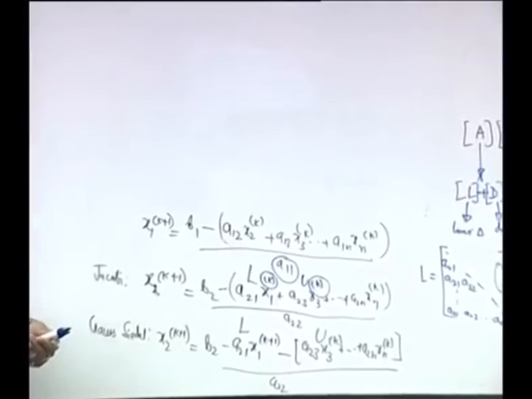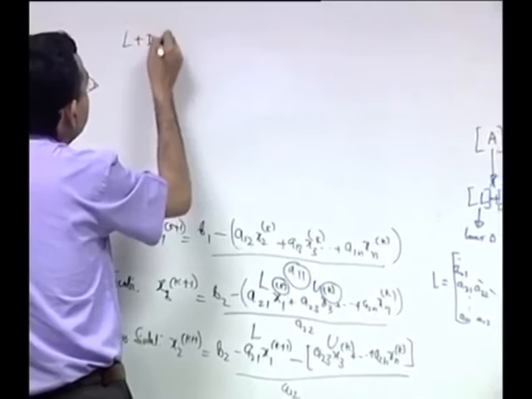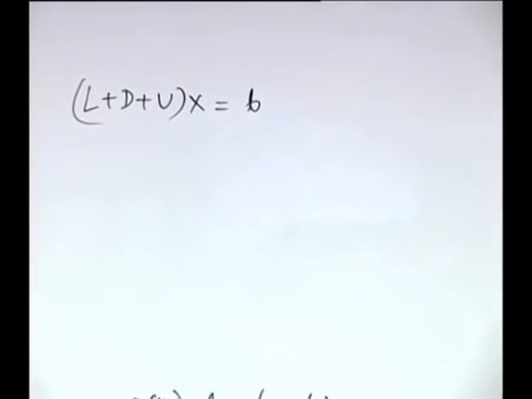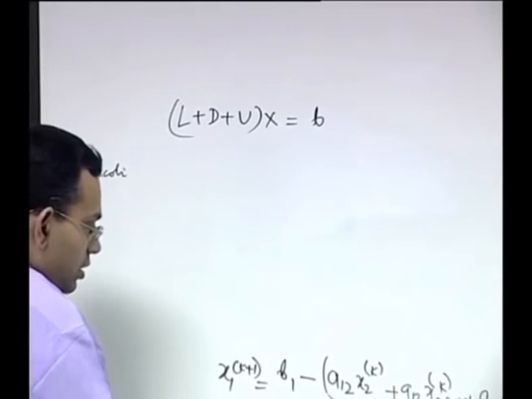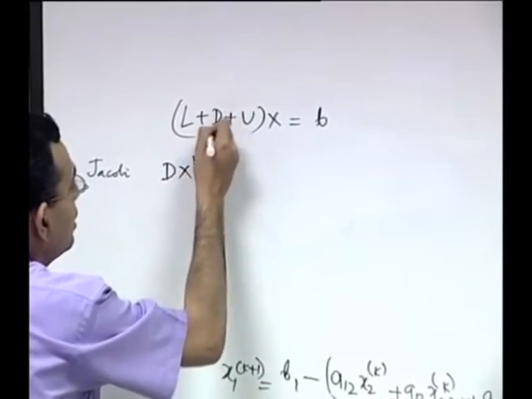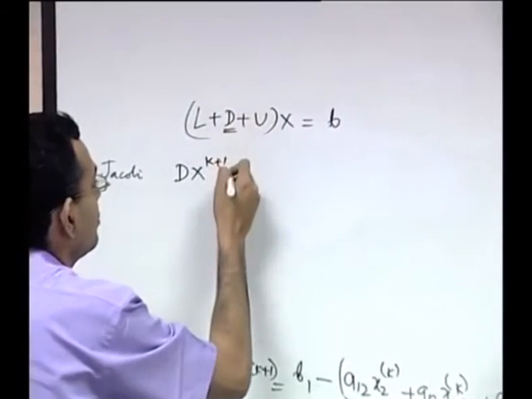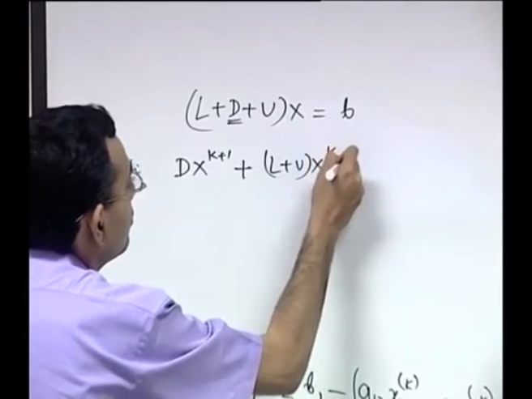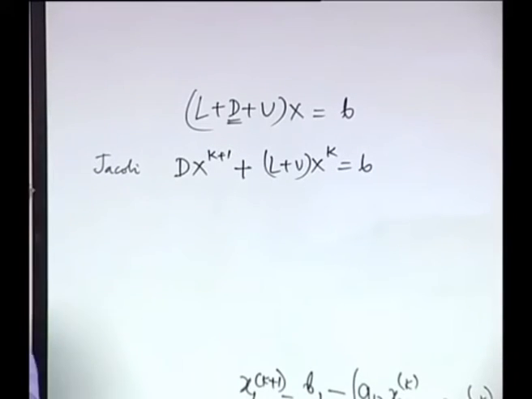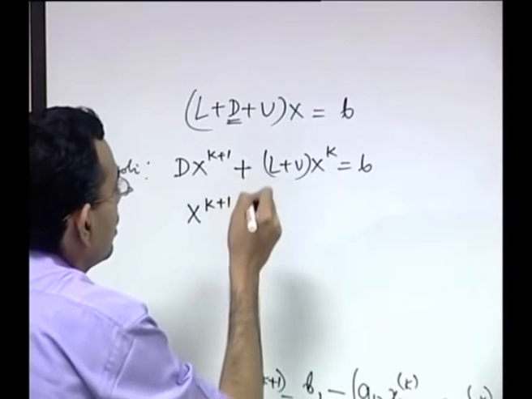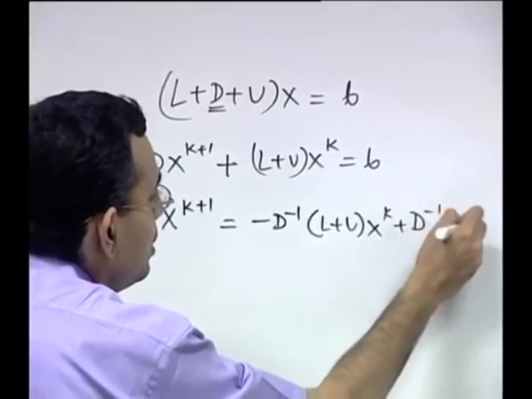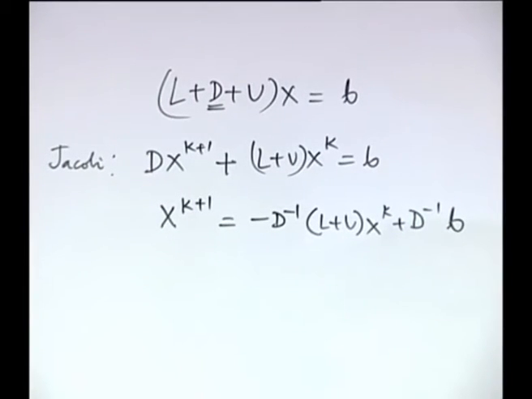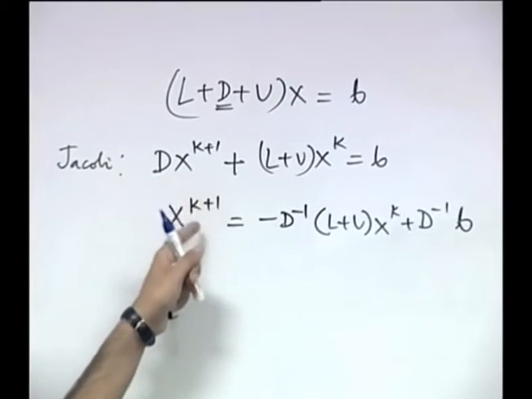So, in place of Ax equal to B, we will write (L plus D plus U) x equal to B. In the Jacobi's method, you have D x k plus 1, D will go with x k plus 1 and L plus U will go with x k, is equal to B. So, x k plus 1 is equal to minus D inverse (L plus U) x k plus D inverse B. Remember that the superscripts are the iteration stages.